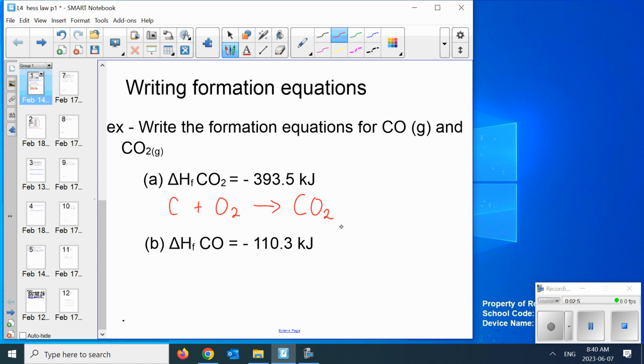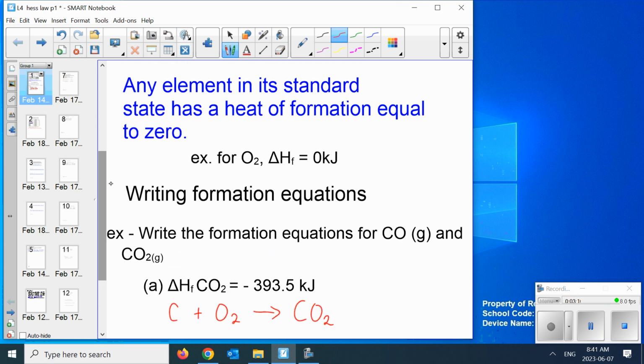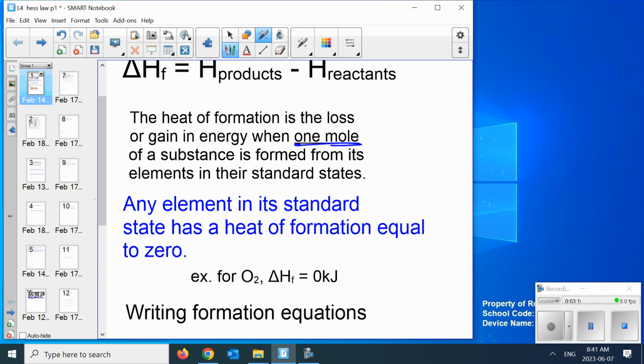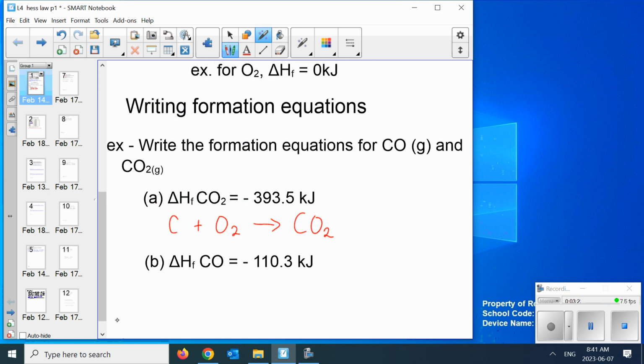Then we have to make sure it's balanced. In this case, it actually is balanced. It's not just balanced overall, it has to be 1 mole of the substance that forms. Balanced, and it is for 1 mole of CO2.